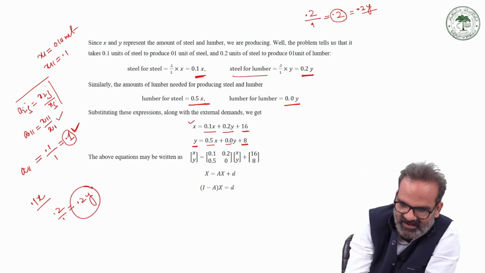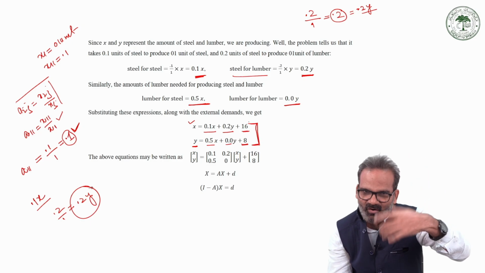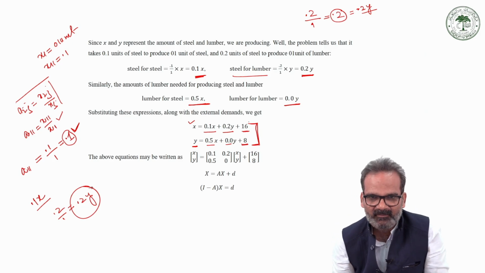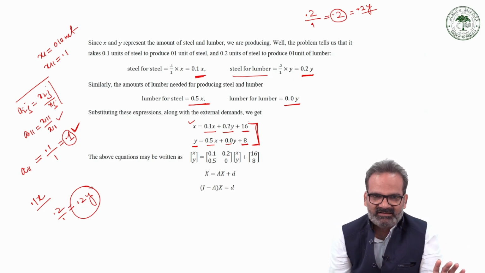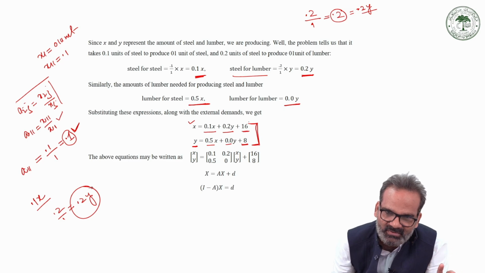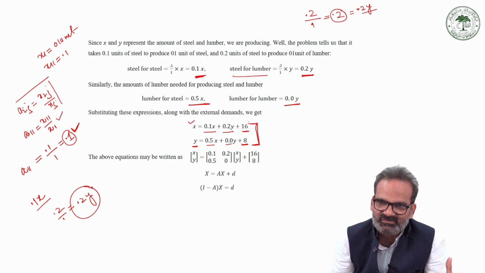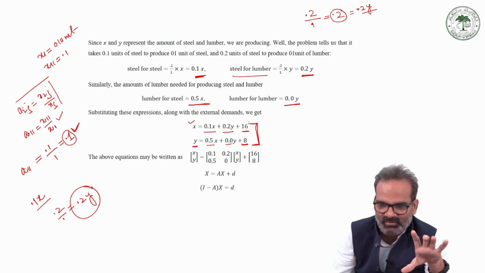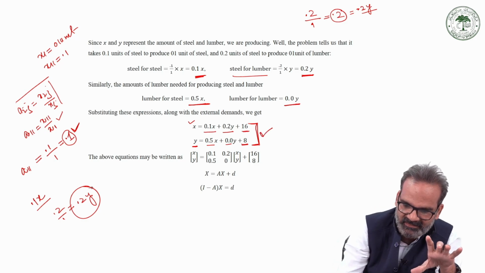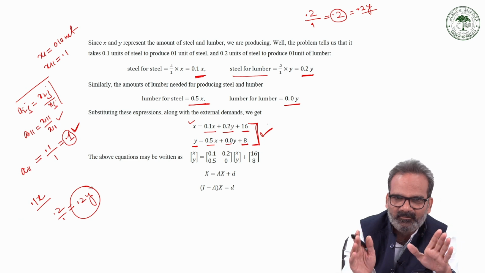Clear? So this is how we get these two equations, and now we can solve these two equations by either Cramer's rule or the matrix inversion method. It's your choice. Clear? Hope you understand how we obtain these two equations. It's very simple.